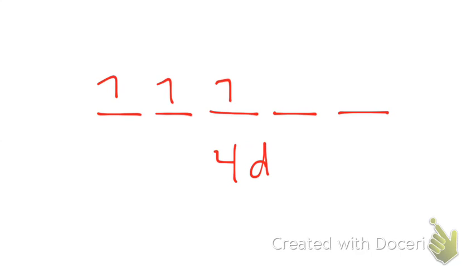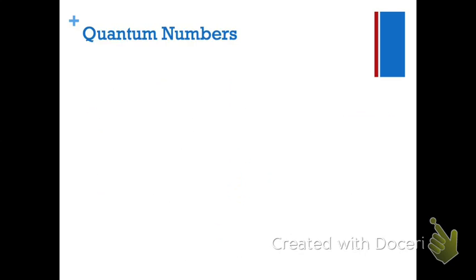Okay, what would the first part of my quantum number be in this example? 4. That's it. Right? Because it comes right from here. Okay, so the first one's really, really easy. Really, the first 2 are really easy. So the first part of the quantum number just comes from what shell number it's in.